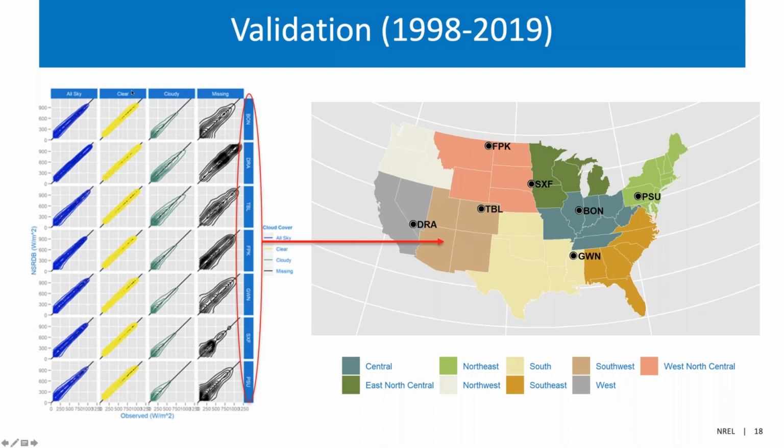So I'll just quickly explain what's here on the left. There are seven panels, one for each of the seven stations, and these are all contour plots. The blue is for all the data, the all sky from 1998 to 2019. The clear sky is represented in yellow, and the cloudy sky is in green.